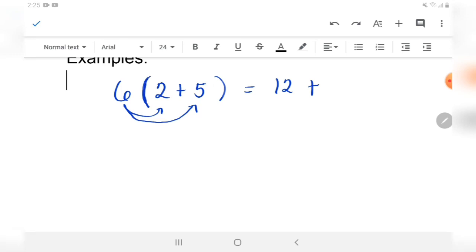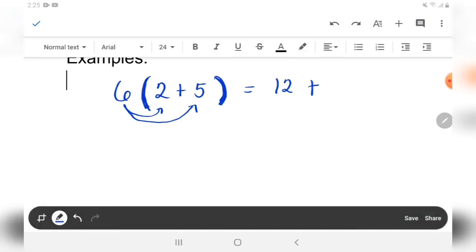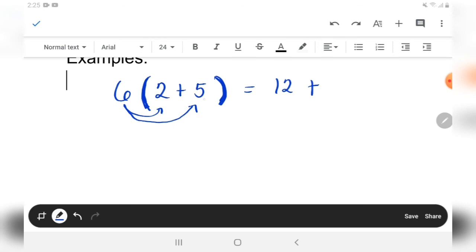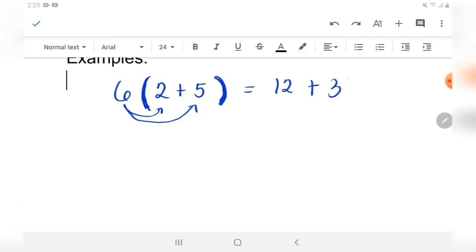Remember that these brackets or parentheses, it means that we are going to multiply. So that is 6 times 5, that is 30, equals 42.